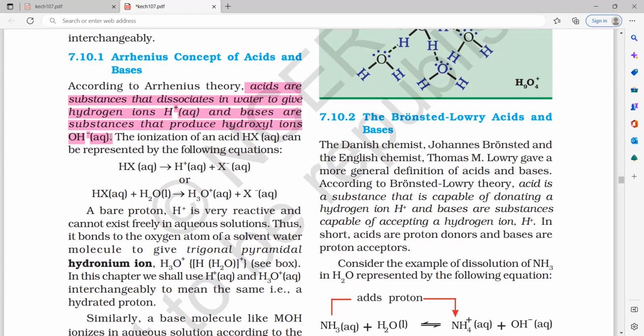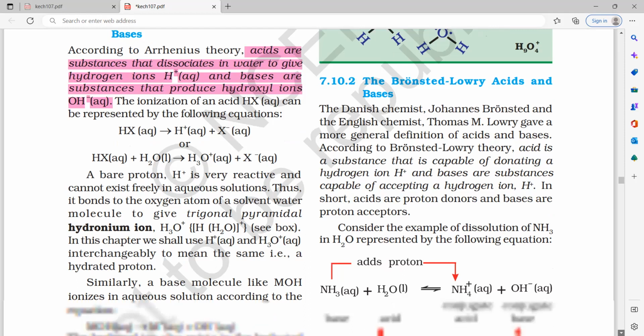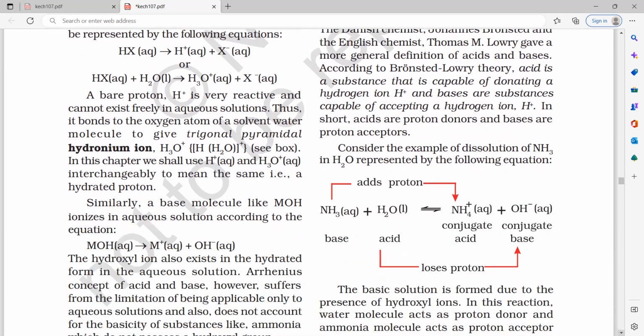So you can see in the reaction below, the definition of an acid HX is H positive aqueous plus X negative aqueous. This H positive sometimes adds with a water molecule, so we have H3O positive. This is the hydronium ion. A bare proton, H positive, is very reactive and cannot exist freely in the aqueous solution.